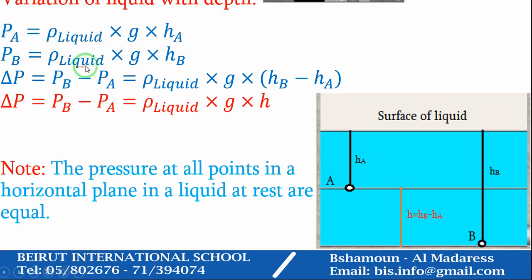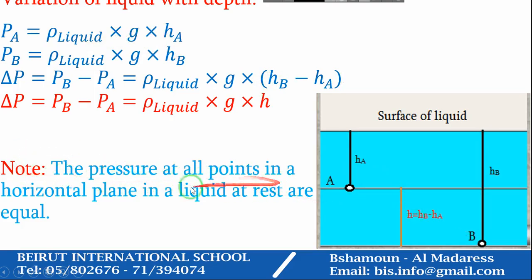PB equals density of liquid times gravity times HB. The difference in pressure between these 2 points will be PB minus PA, density of liquid times gravity, taking common, density of liquid times gravity, times HB minus HA. HB minus HA, the difference is H.